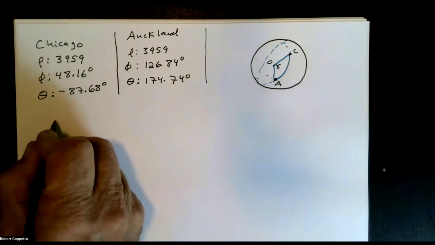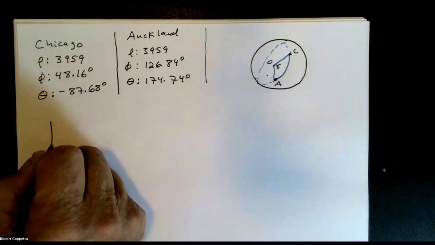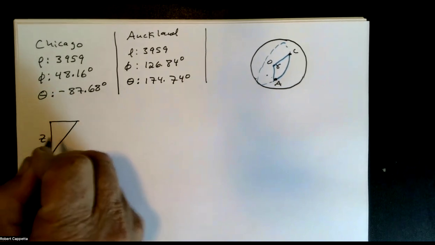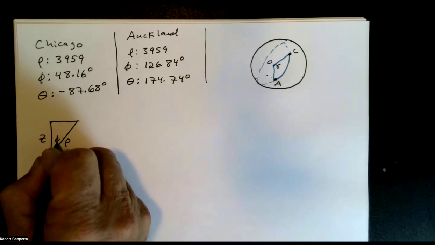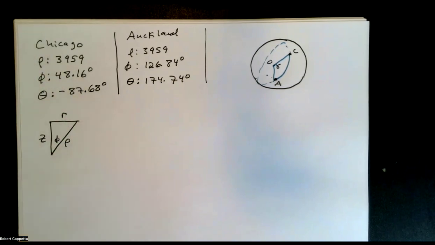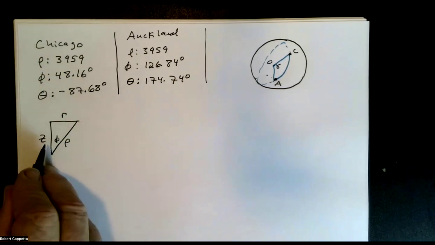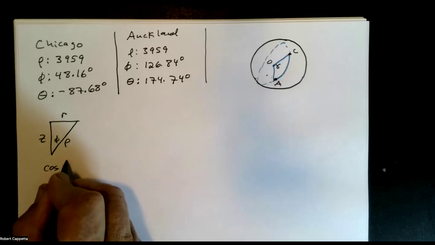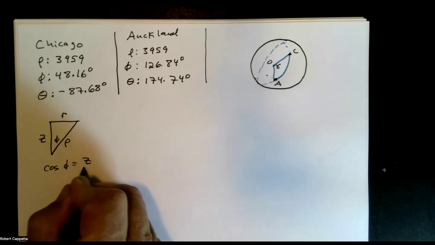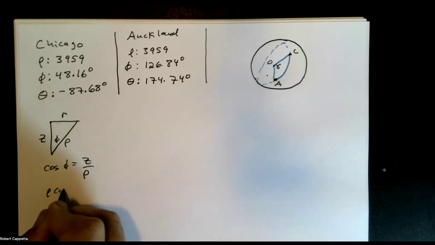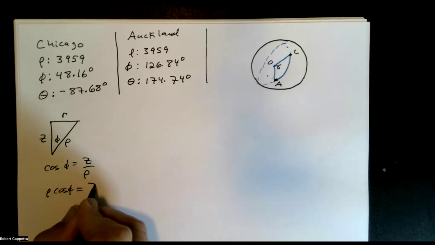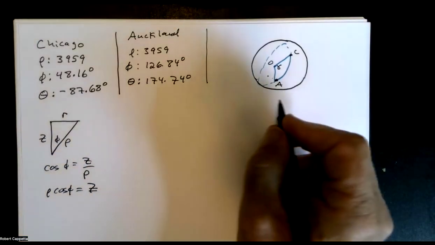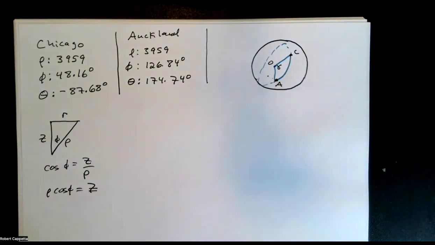Let's quickly remind ourselves of our triangles that we work with. So this is Z, this is rho, this is phi, and this is r. So if we want to find Z, cosine of phi is Z over rho. So rho cosine phi equals Z. Okay. So let's see what that is then in terms of Chicago, in terms of Auckland.